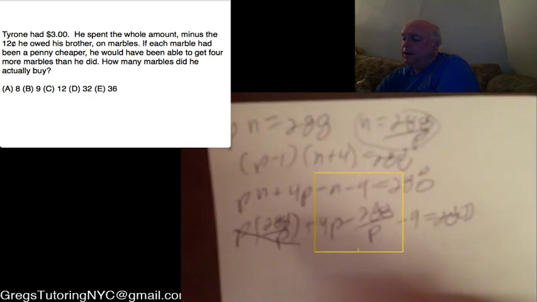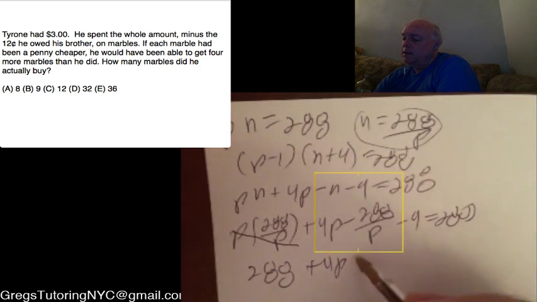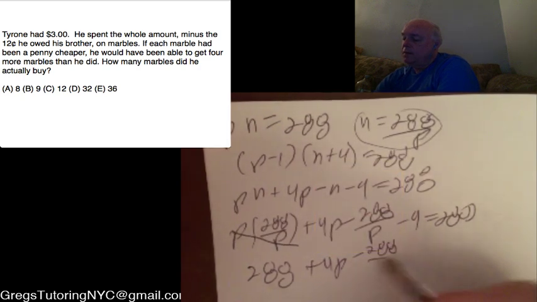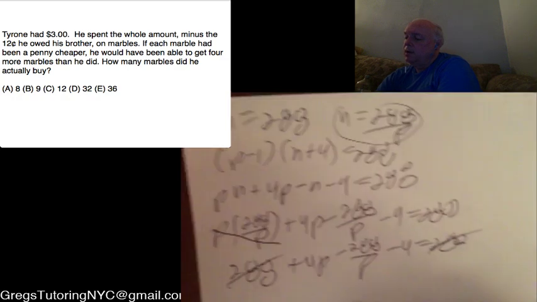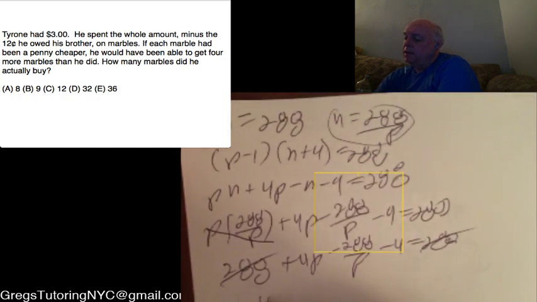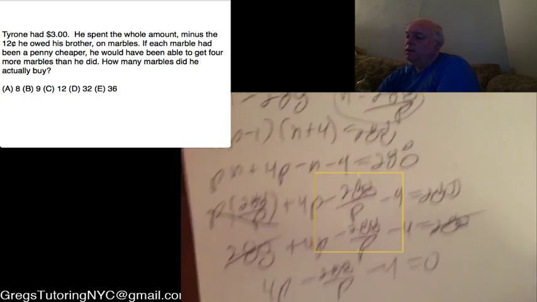And we end up with 288 plus 4p minus 288 over p minus 4 equals 288. If we get rid of the 288s, we end up with 4p minus 288 over p minus 4 equals 0.